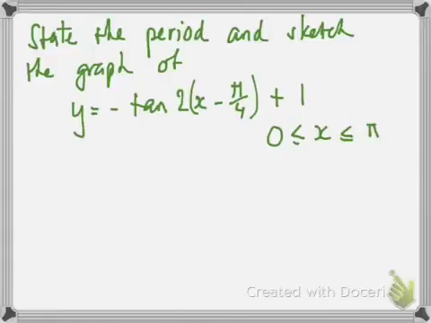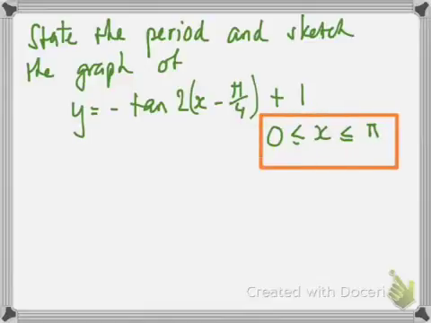Last question I want to show you is this one here. State the period and sketch the graph of y equals negative tan 2 outside of x minus pi on 4 plus 1. And we're doing that between the parameters here of 0 to pi. So it's probably best to take this in steps.